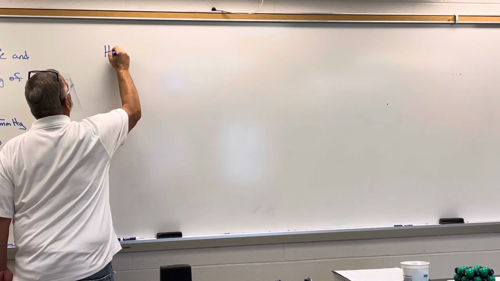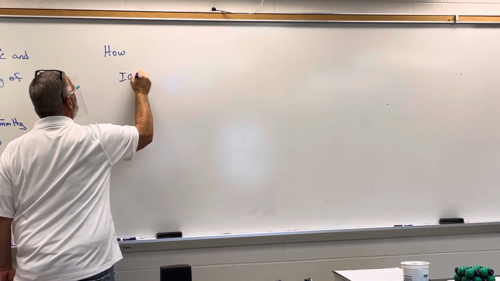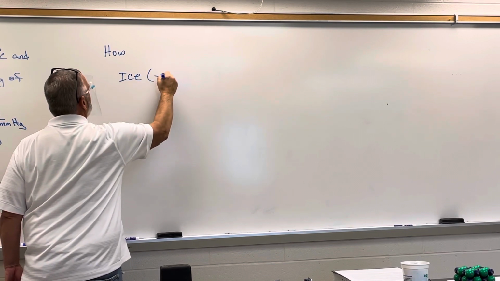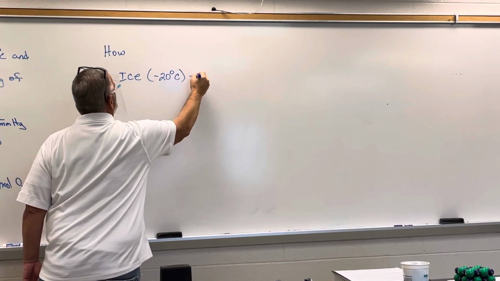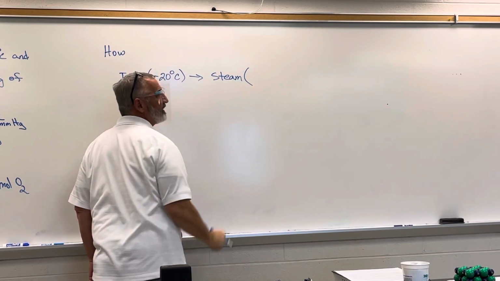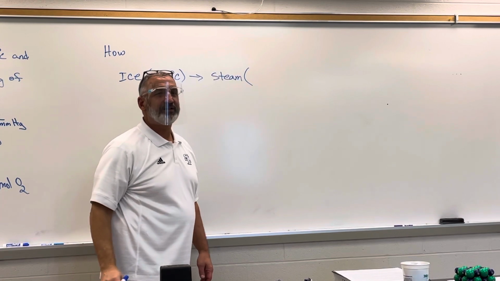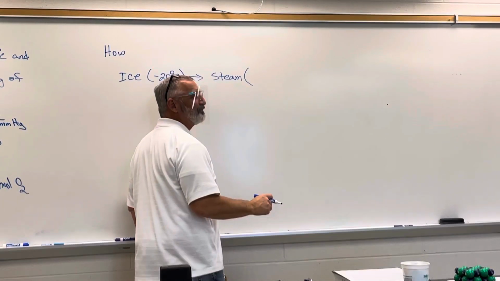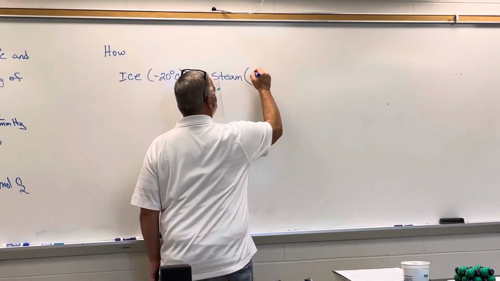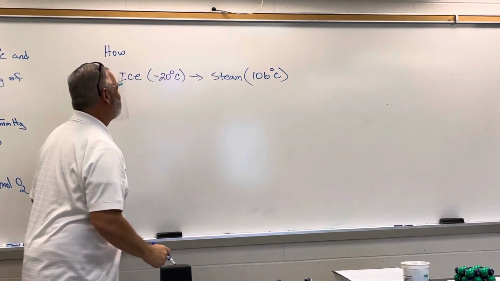How much energy, and rather than writing it all out, let's just go from ice at negative 20 degrees to steam at what temperature? Anything above 100, what do we want? 106, because it's lower. It doesn't matter. All right.